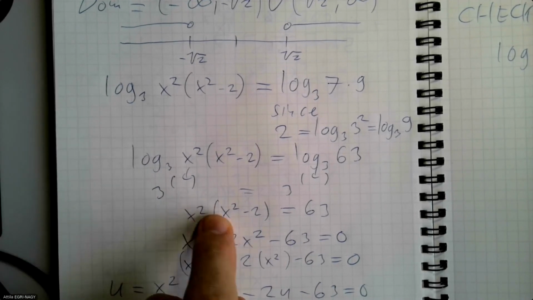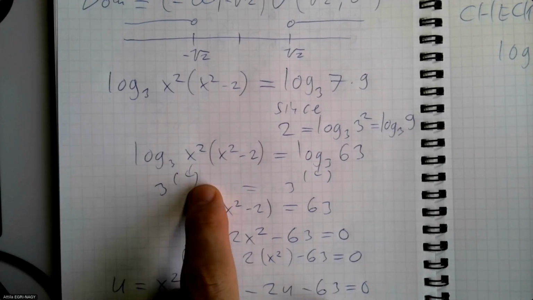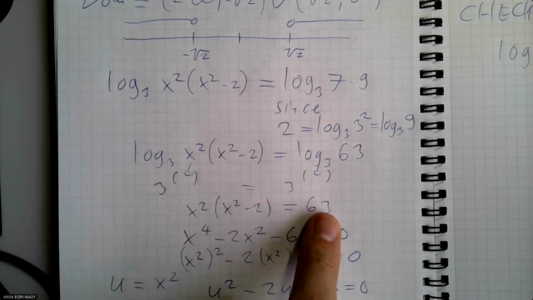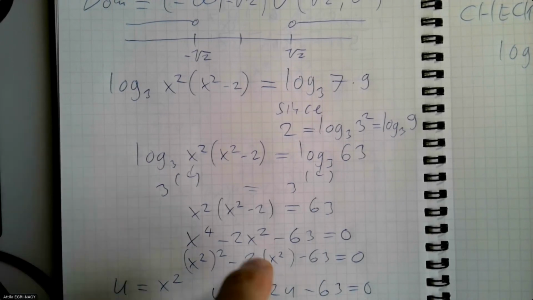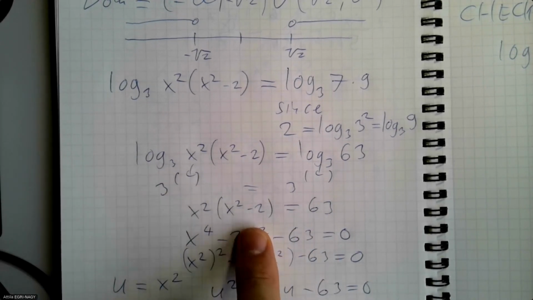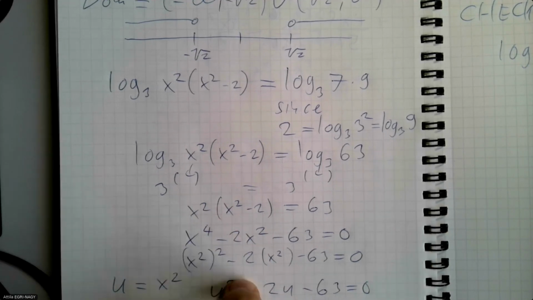It's actually a bijection, so we can get rid of the logarithm by raising 3 to that power, and after that we have just an equation with no logarithms, but it happens to be of quadratic type.